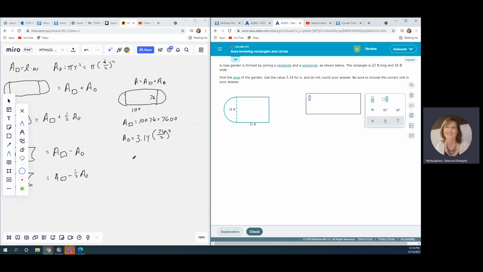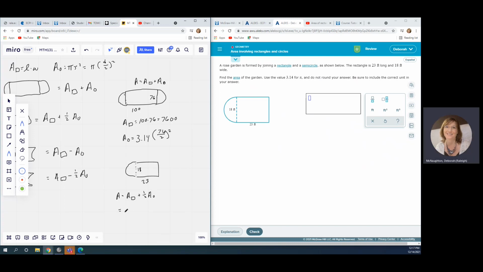Right, and then I wanted to get one where they did a semicircle. So here now I have a semicircle. So for a semicircle, I have the area of a rectangle plus half the area of a circle. So this is 23, this is 18. So my area is my area of my rectangle plus 1/2 my area of my circle.